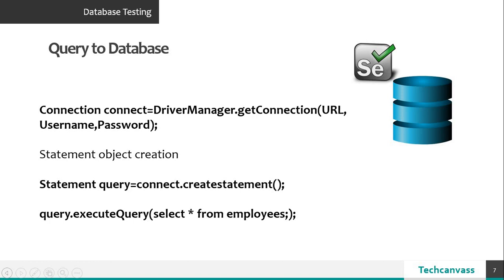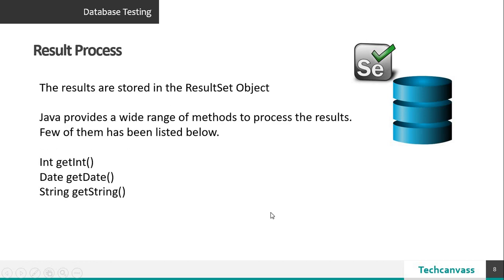Now you can execute the query using executeQuery, which takes your statement as the argument. Now the last step is to process the result, which can be done using some of the methods like getInt, getDate and getString.